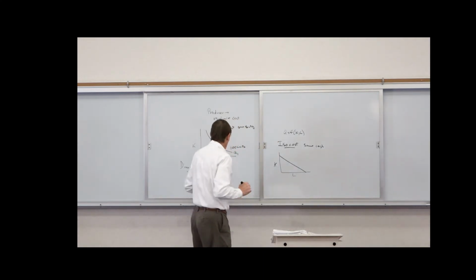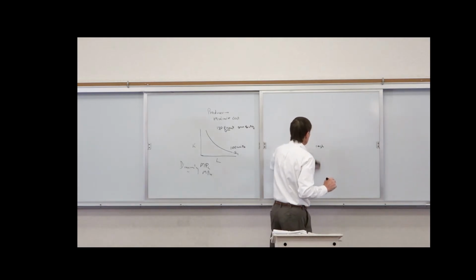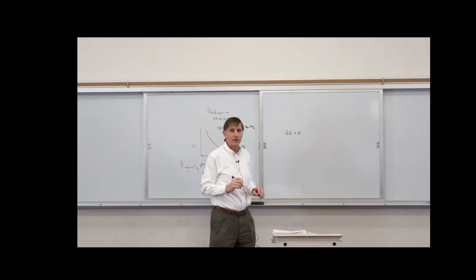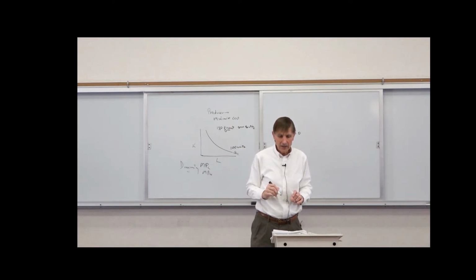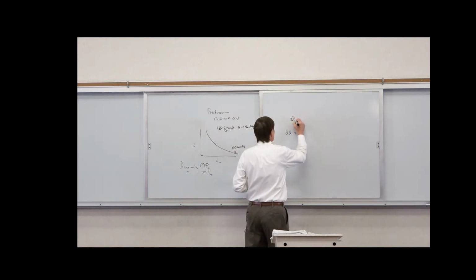Because we're going to do exactly the same thing. Along an isoquant, the change in quantity is 0. And we said quantity was a function of capital and labor.